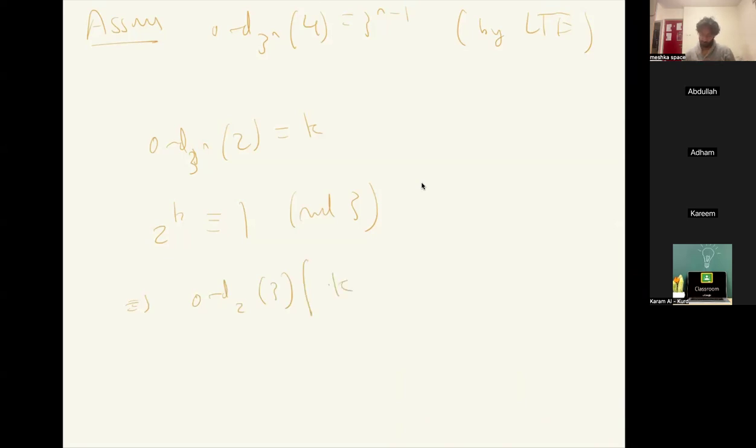Then I can write k equal to 2 times L, right? Now 2 to the power of 2L minus 1 is 4 to the L minus 1. Since I know the order of 4, the smallest L that will work is 3 to the n minus 1. Does it make sense?